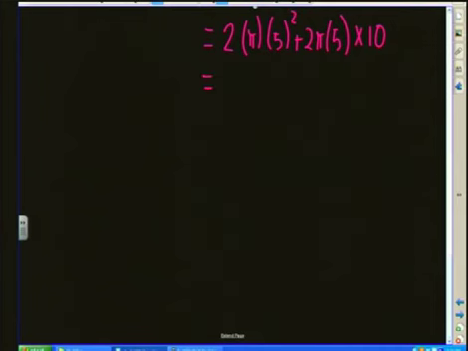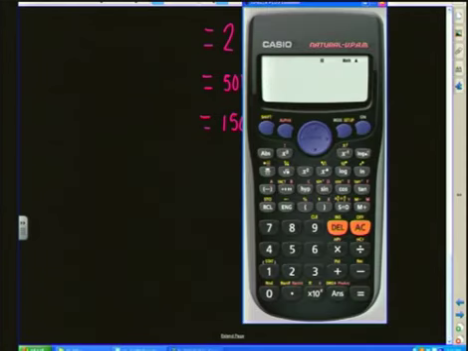This gives me 5 squared is 25, 25 times 2, 50 pi, plus 2 times 5 is 10, 10 times 10 is 100, so 100 pi. Add them together and you get 150 pi, which you can then work out on your calculator.